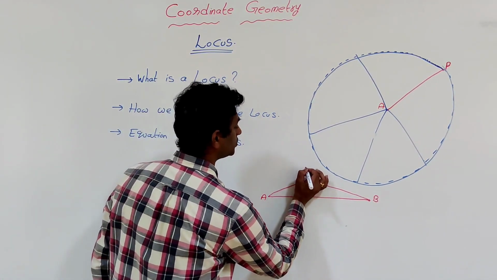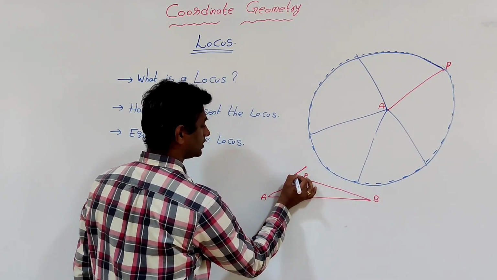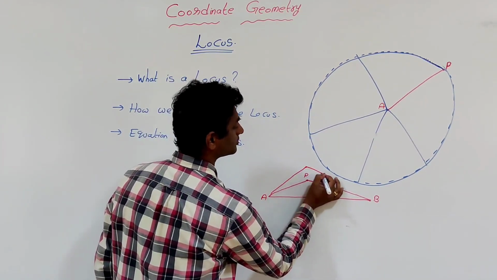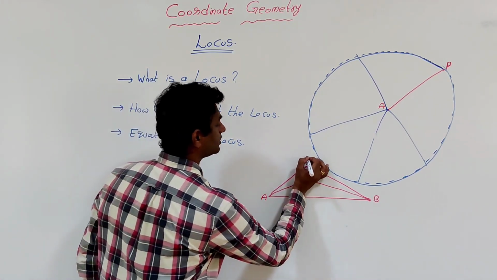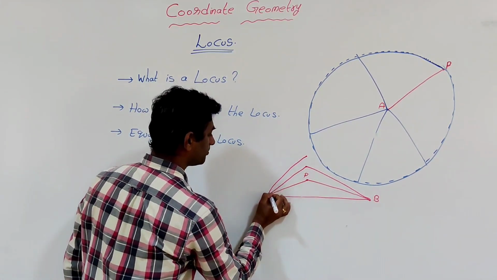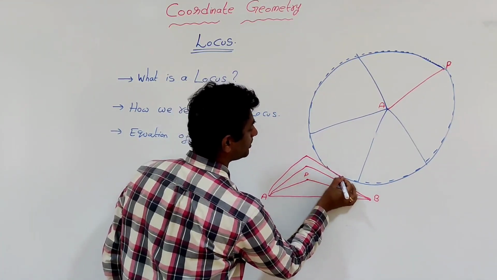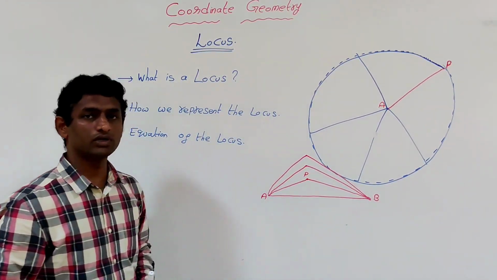Or suppose it may be here, the distance from here to here will be the same. Or we can have it here, the distance from P to A and P to B are equal.